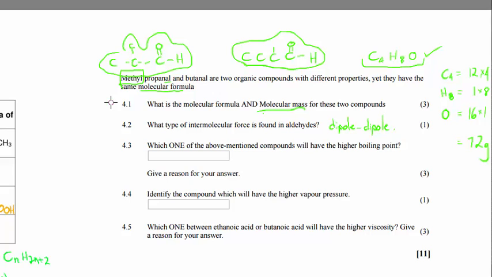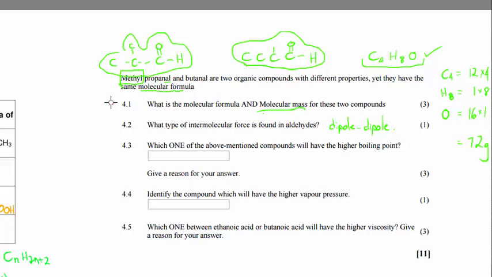Great. So again, it takes less energy, and remember what they say, which one has the highest boiling point? Methyl propanol has a lower boiling point. That's why butanol will have a higher boiling point.